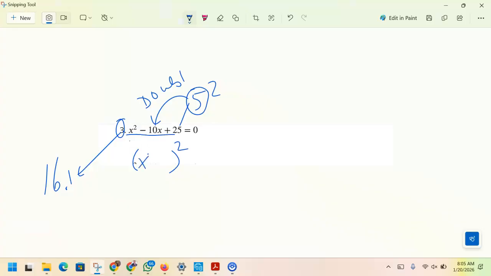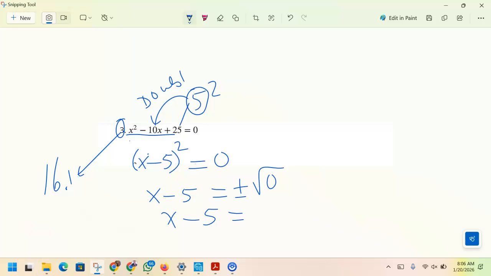We can write x minus 5, the whole square equals 0. And then now we have a square. You get away with the square by writing plus and minus square root of 0. Square root of 0 is 0.